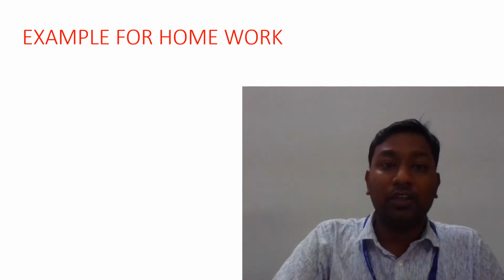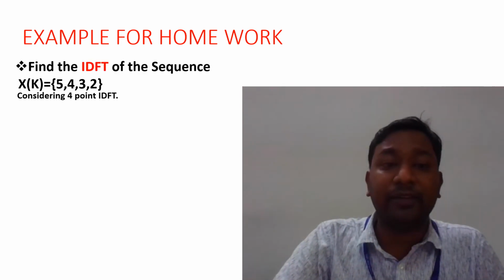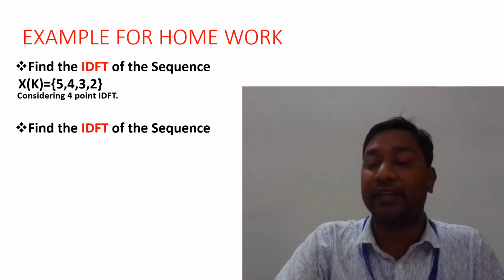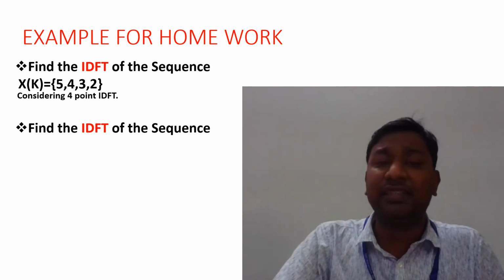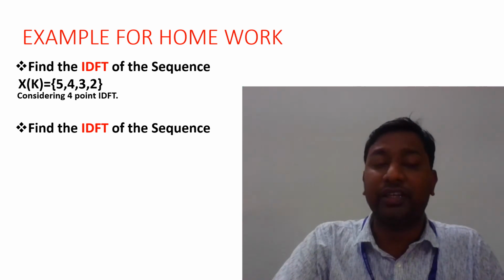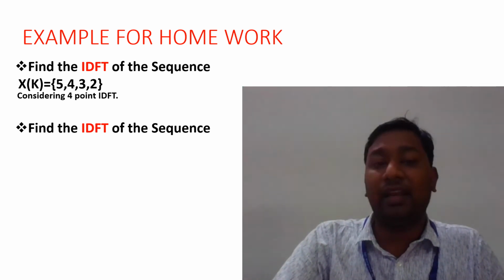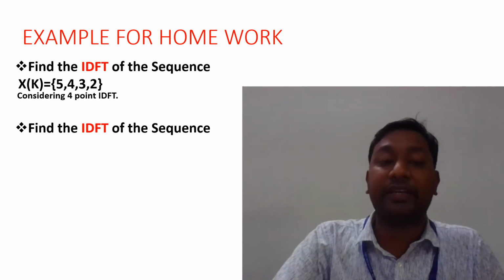Now we will move to an example for homework: find the IDFT of the sequence x of k equal to 5, 4, 3, 2, considering 4-point IDFT. Here the input in complex conjugate form needs no change because all values are real, but the input is written in bit reversal order.